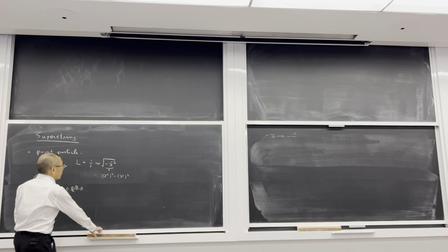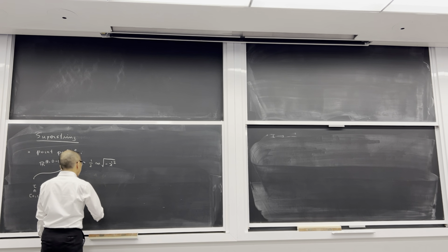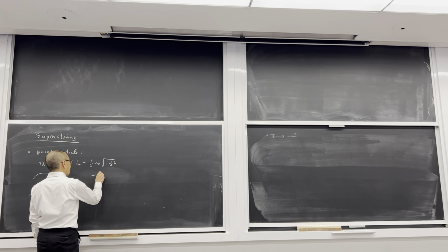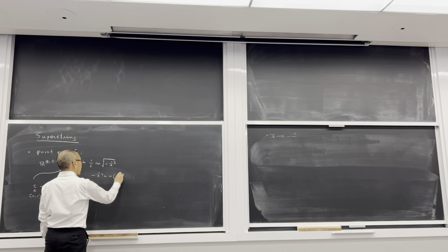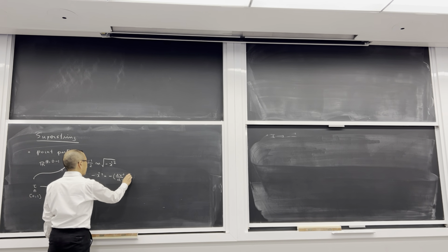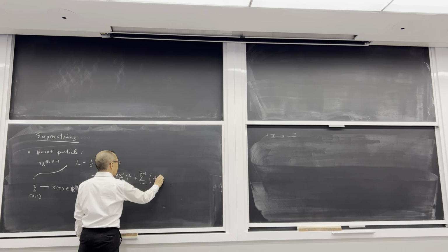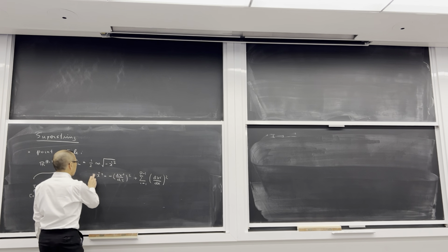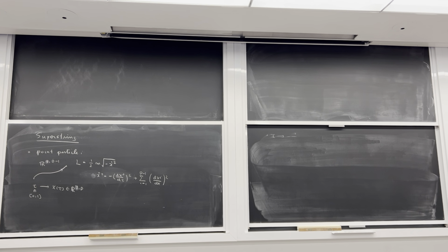I'm using almost positive notation, so minus x dot squared is equal to minus (dx0/dtau) squared plus the summation over i equal to 1 to d minus 1 of (dxi/dtau) squared. And then I put a minus sign so that the time squared term is positive. Okay, so that's the Lagrangian.